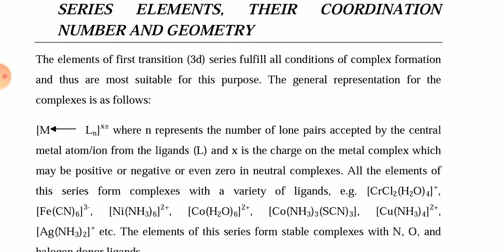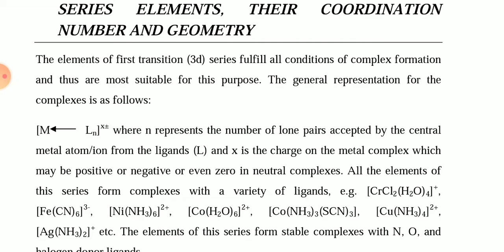Okay, so where n represents the number of lone pairs accepted by the central metal ion from the ligand, and x is the charge on the metal complex, which may be positive or negative or even zero, which is a neutral complex. All the elements of this series form complexes with a variety of ligands.